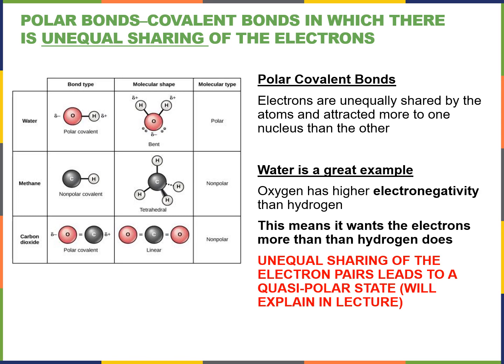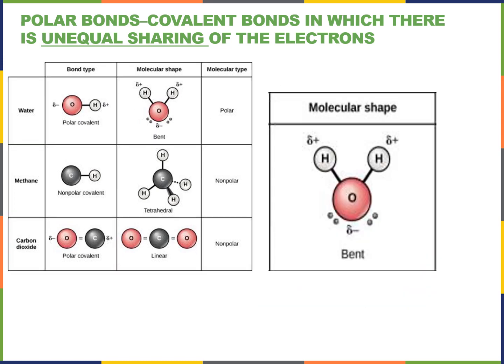Water, great example of this. Because of the unequal sharing, you end up with this delta positive, this delta negative. What this means is the electron from this hydrogen is going to more often than not be over here orbiting around the oxygen. Every so often it goes over and then it comes back.